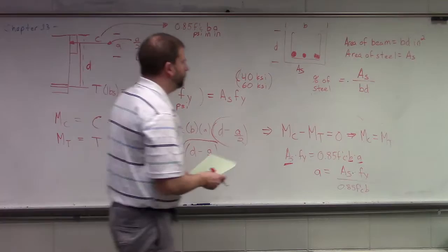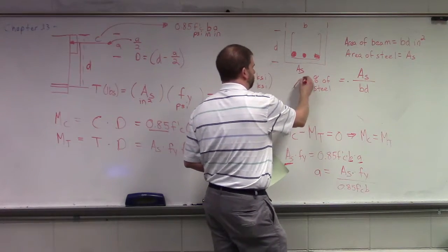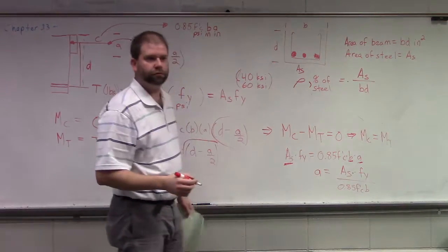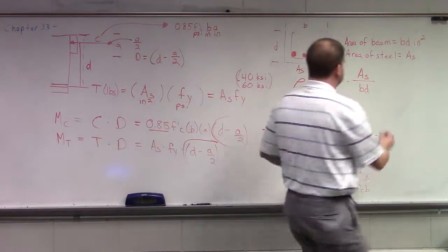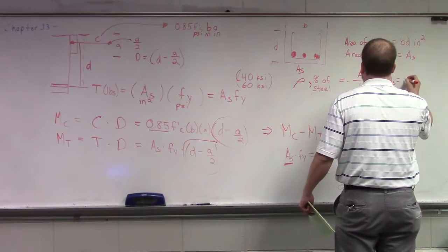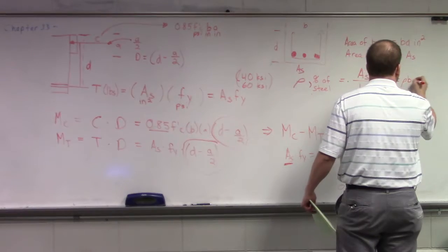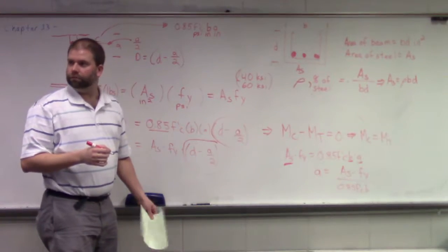Up here, since we have our percentage of steel, we'll call that rho, right? We could say then that the area of steel equals rho times B times D, right?